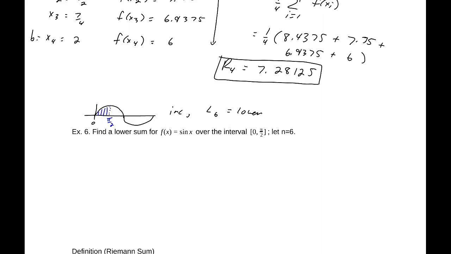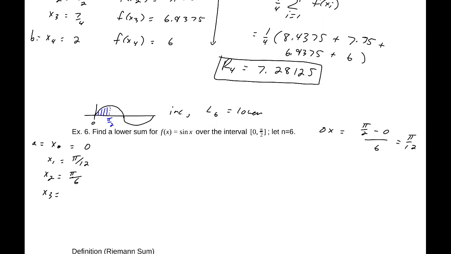So let's start with x0. That's our a value. That is 0. And our delta x, we need that to find the next function value. That would be pi over 2 minus 0 over 6, which is pi 12ths. So x1 is pi 12ths. x2 is 2 pi 12ths, so pi over 6.